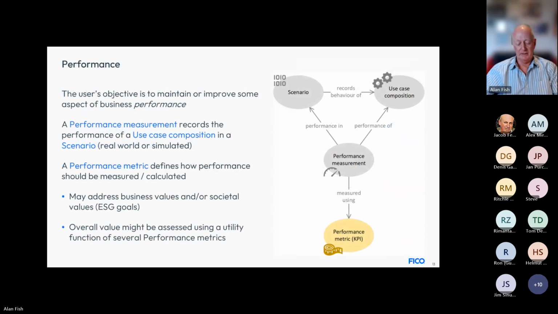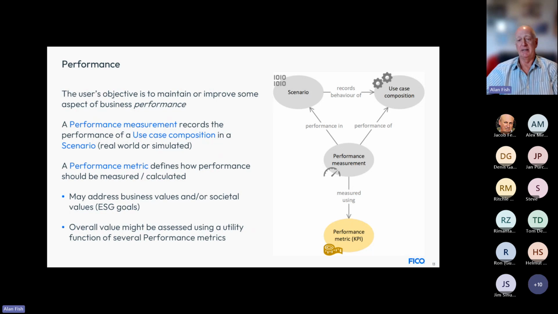So let's think about performance. The user's objective is always to maintain or improve some aspect of business performance. So I have a concept of a performance measurement here. The performance measurement records the performance of a use case composition in a scenario.